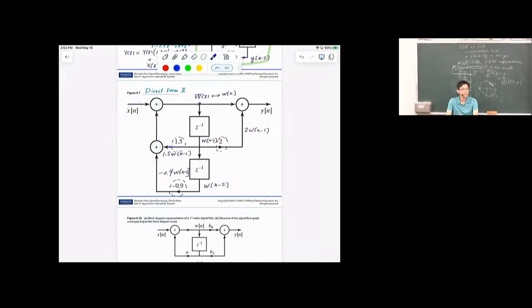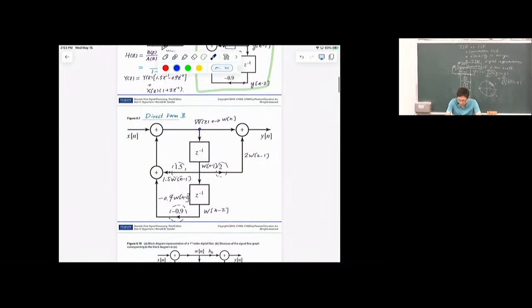So we now know that this node equals x of n plus 1.5 times itself fed back and delayed by 1 sample, plus minus 0.9 times itself delayed by 2 samples. That equals w of n. Now we have an expression for w of n.